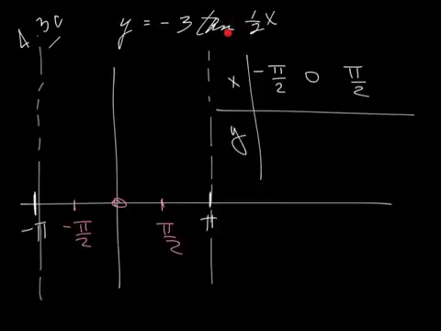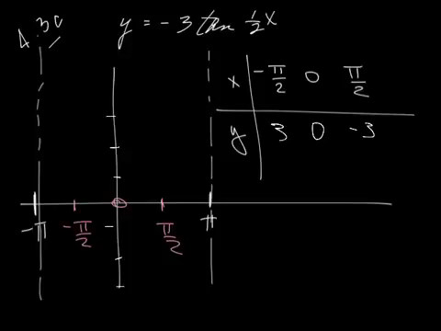The tangent of -pi over 4 times -3 is going to give us the point that we're looking for here. In this case, using -pi over 2, it's going to give us a y value of 3. When we plug 0 in, it's going to give us a y value of 0. When we plug pi over 2, it's going to give me -3. So 1, 2, 3, 1, 2, 3.